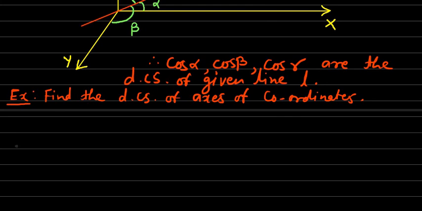Solution. What we have to find out? We have to find out the direction cosines of axes of coordinates. So we'll begin with the x-axis.